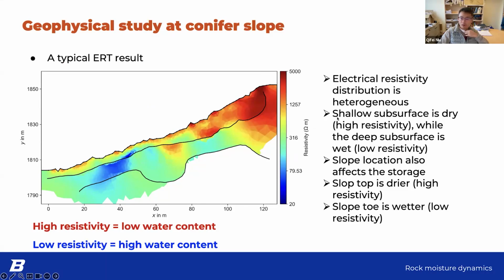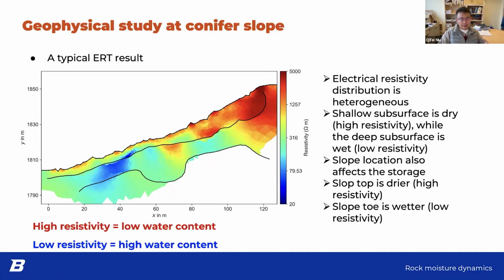The electrical resistivity along the slope is very heterogeneous. At the slope top it is pretty high, and at the slope toe it is pretty low.